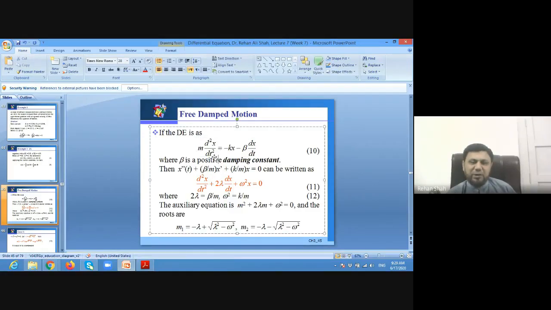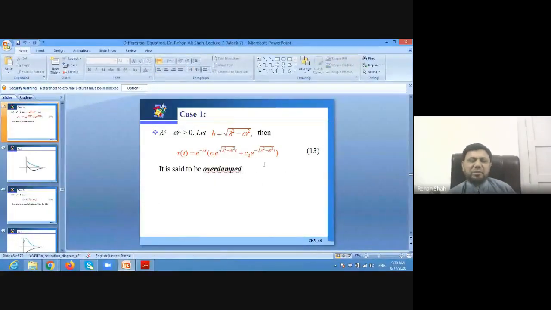If you divide by m, this becomes minus k by m x minus beta by m into dx by dt. If you take beta by m equal to 2 lambda and omega square equal to k by m, and put the values, you will get m1 equal to minus lambda plus square root of lambda square minus omega square, and so on. This will become the solution.